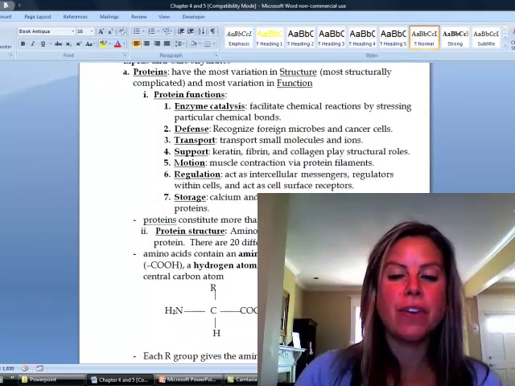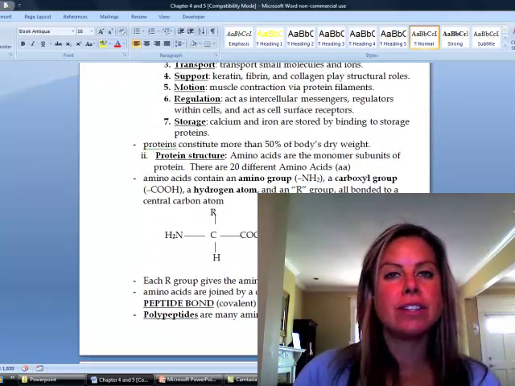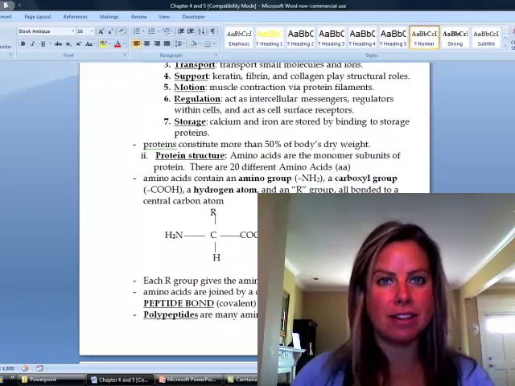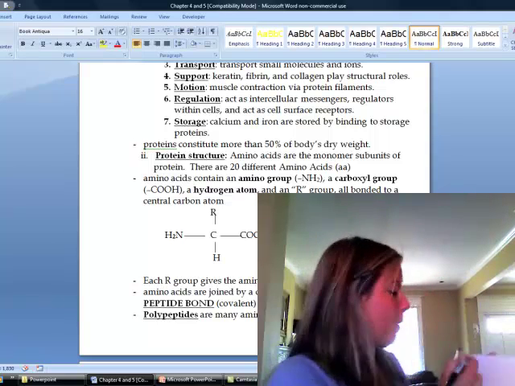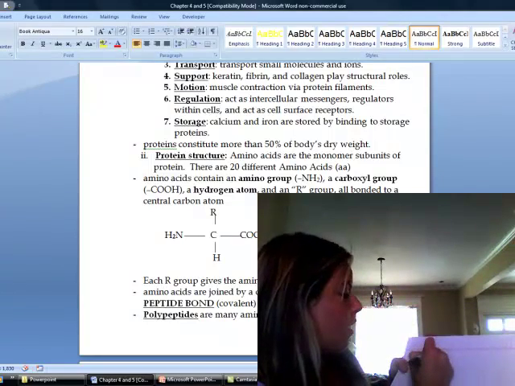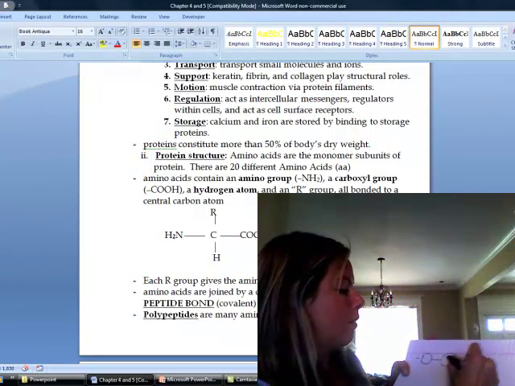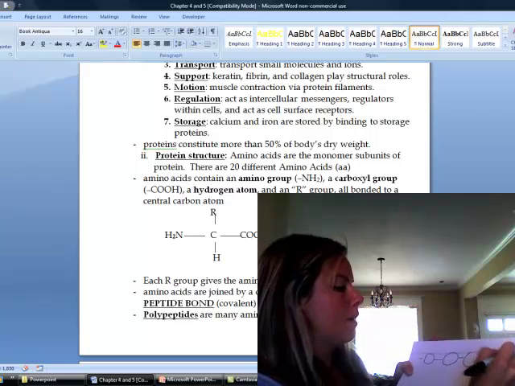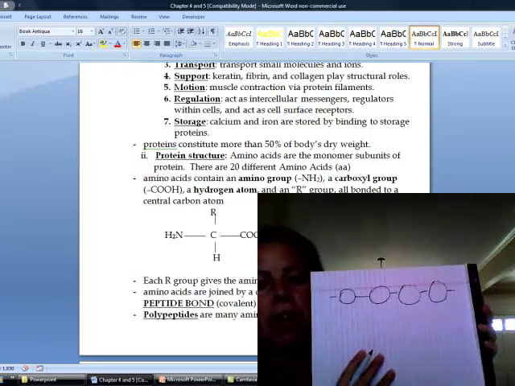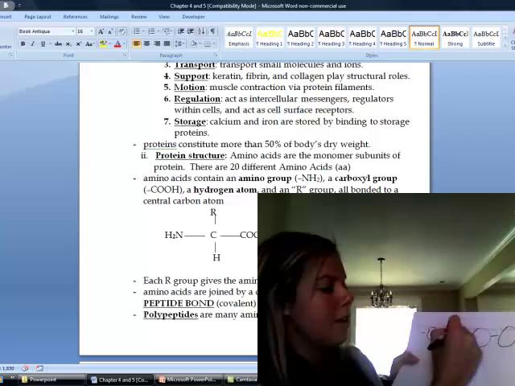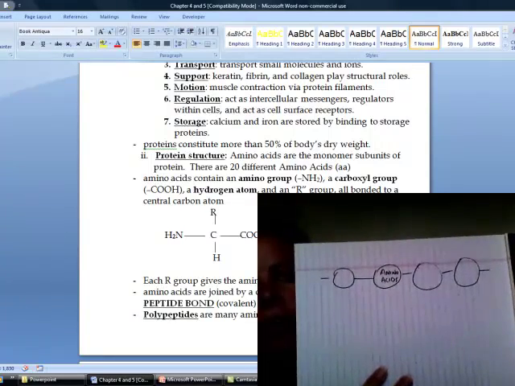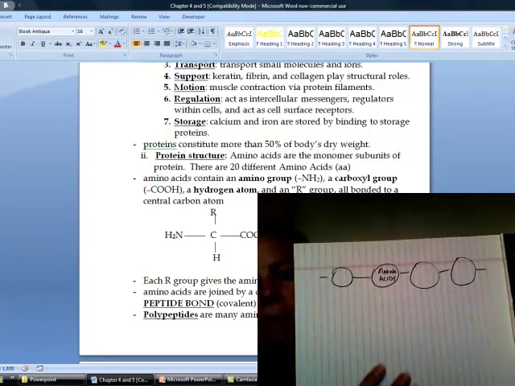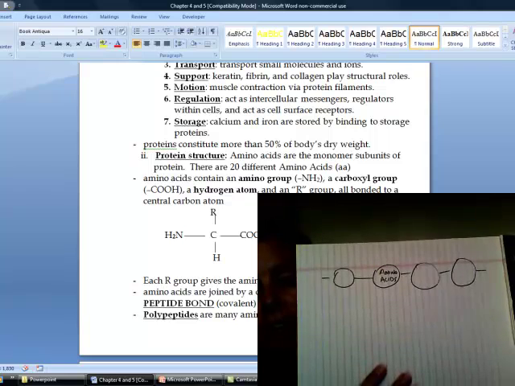As far as their structure goes, they're going to have amino acids as their monomers. So what I mean is, if we have our setup here of a polymer, these little circles are going to be amino acids. They are the building blocks of proteins.